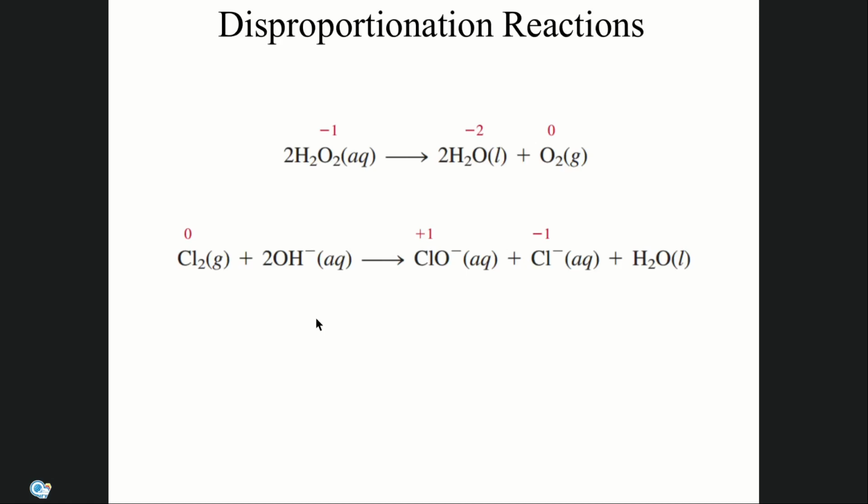The only sure way is to compare the oxidation numbers of all the elements in the reactants and products. Any change in oxidation number guarantees that the reaction is redox in nature.